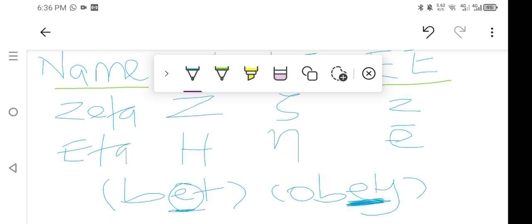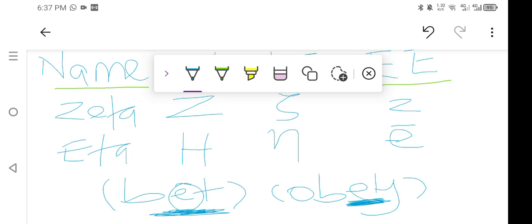Epsilon is used in cases where the sound of the E, thinking of it from the English perspective, is short, not prolonged, and soft, like how it appears in the word bet. In Greek, they would use epsilon.